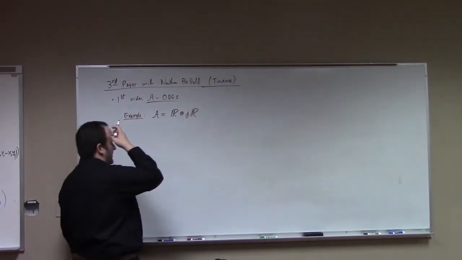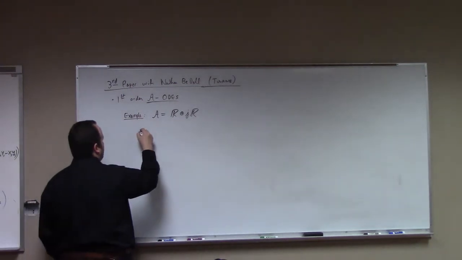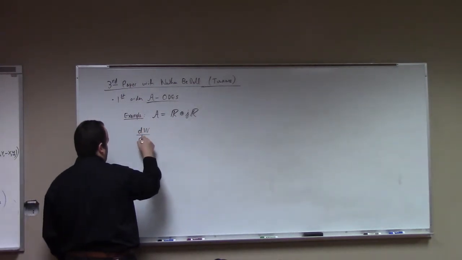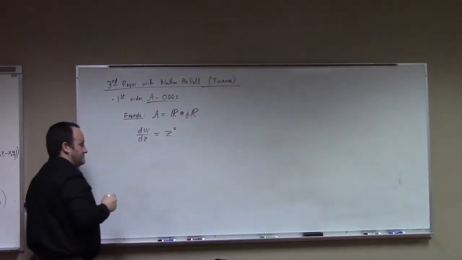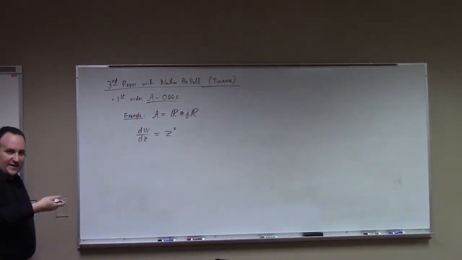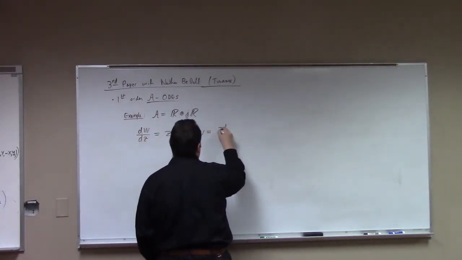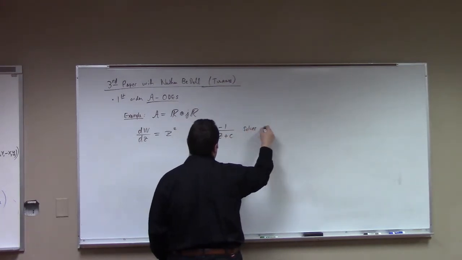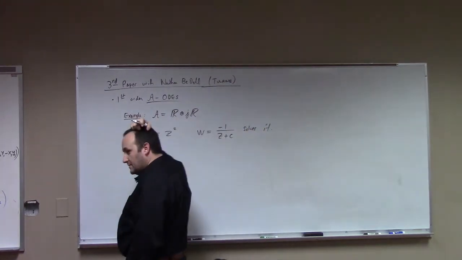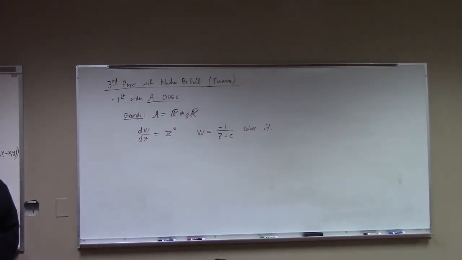If we look at the hyperbolic numbers, we can look at the differential equation dw/dz equal to w squared, right? And it's easy to check that w equal to minus 1 over z plus a constant solves it. Now, I know that that's going to work because I did separation of variables.